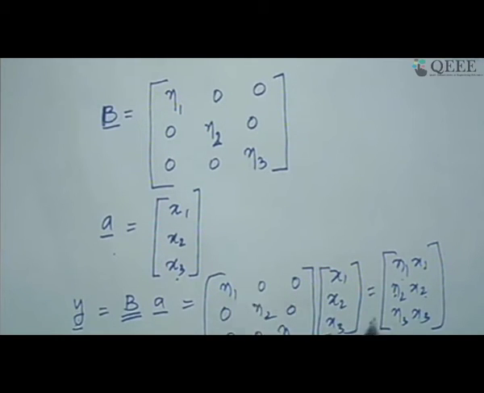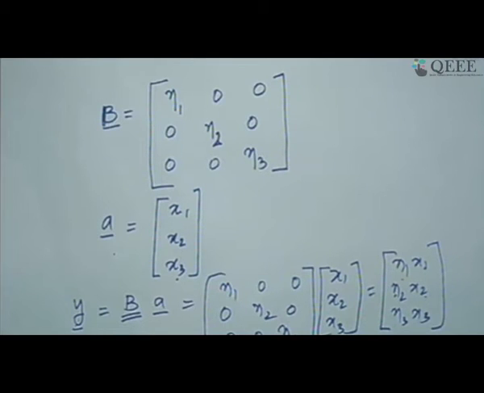Now to show that their magnitudes are the same, I just need to take the magnitude of this vector and subtract it from the magnitude of this vector. Like I said, I am going to do a still simpler calculation. I am going to say y dot y minus a dot a should be equal to 0, because the square root of this is basically the magnitude.